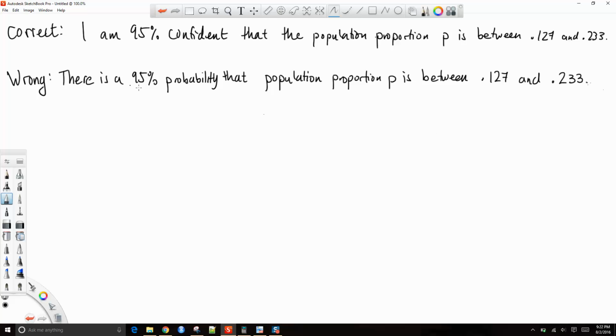Okay? Why is this wrong? It's wrong because it's talking about probability. Okay? So let me abstract this just a tiny bit. Okay?